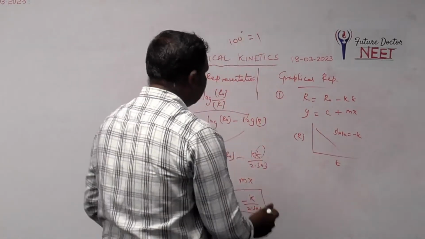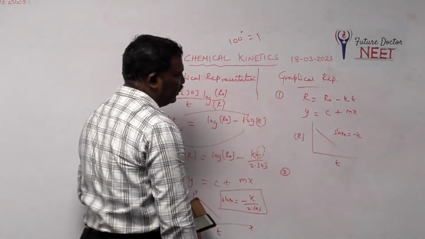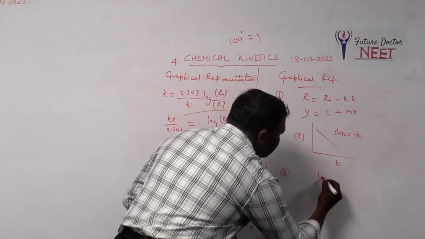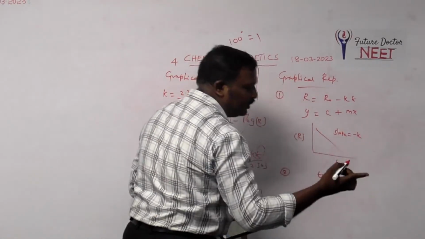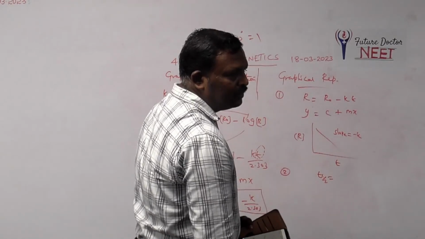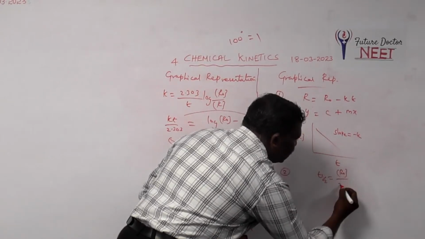One more graph we can put. This is somewhat different, based on half-life period. I told you what half-life period is. t half is equal to, I told you already, r naught concentration by 2k.